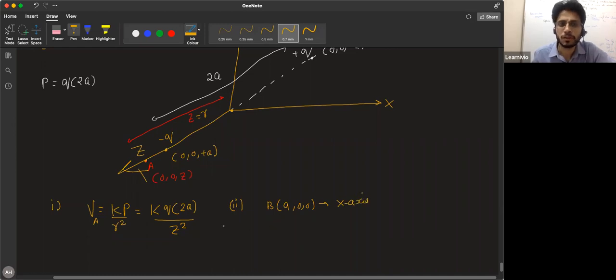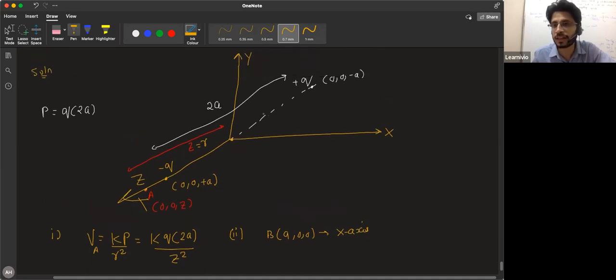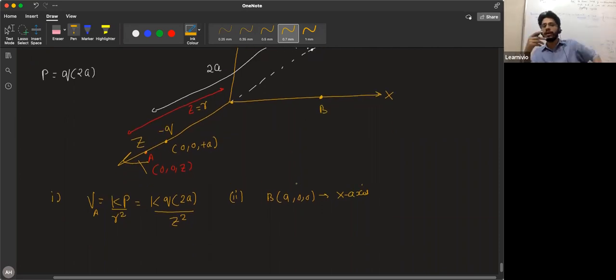X-axis. So your dipole is along the z-axis and your point lies here. This is your point B. So Miraj, does this point lie on the axial line or on the equatorial line? The dipole is along the z-axis, so it will lie on the equatorial line.